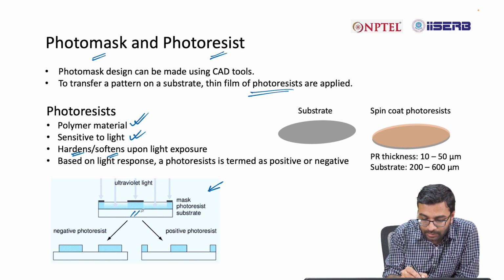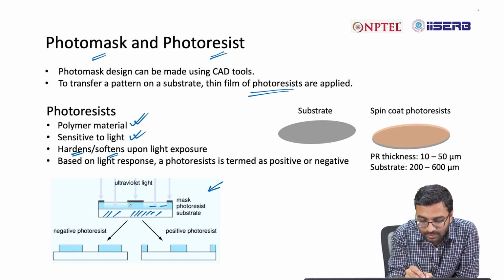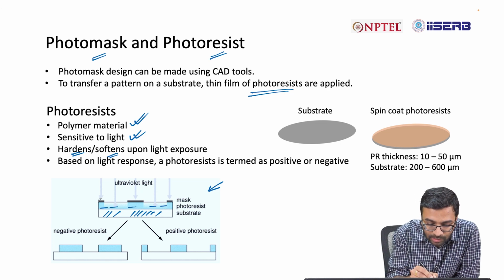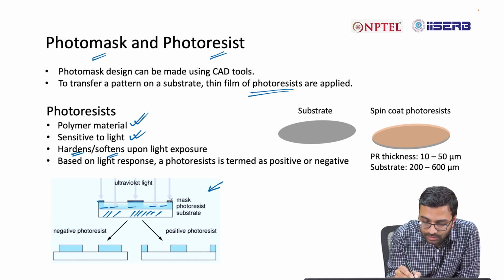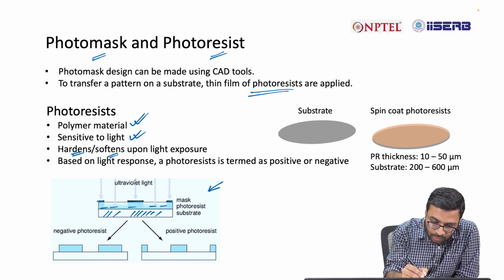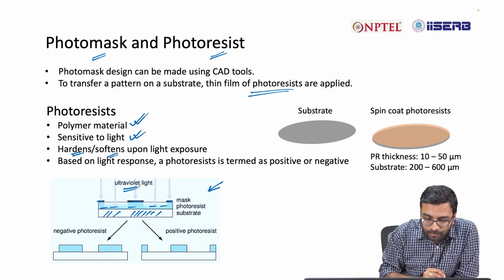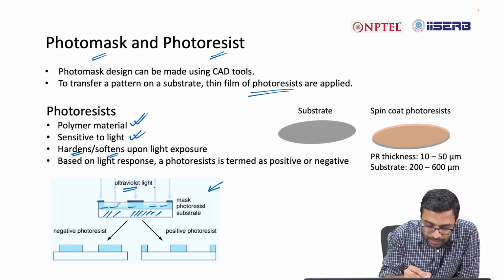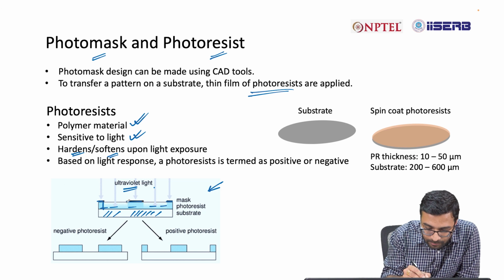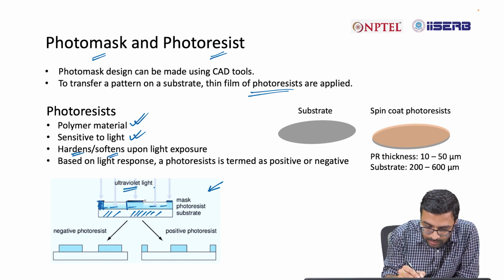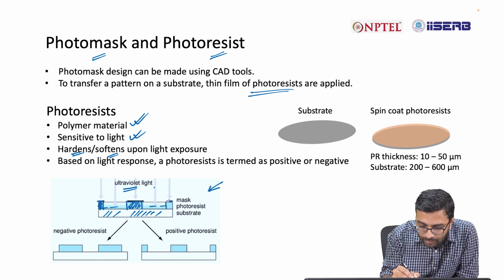If you have a substrate and you coat this substrate with a photoresist, that is this material, and then you apply a mask, these black portions are the mask, and then you expose the entire setup to UV light, the UV light will interact with the polymer in this region. However, below the mask, the UV light will not interact with the photoresist.